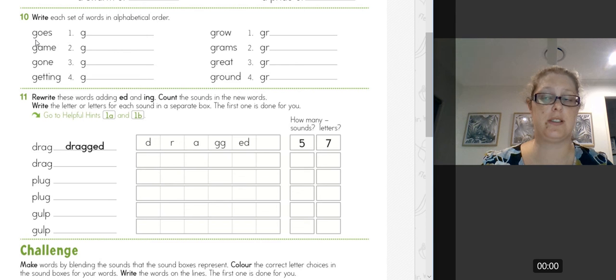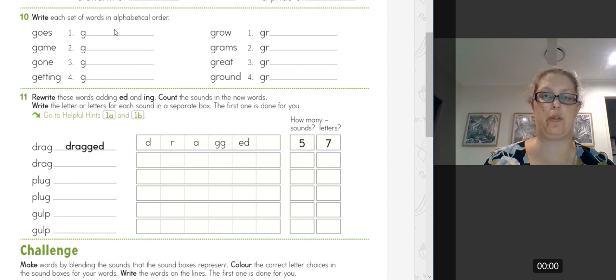So in goes, the O is the second letter. In game, the A. In gone, the O. In getting, the E. So out of those 4 words, game with the A as the second letter would come next. So I would write that at the beginning of my list in number 1.